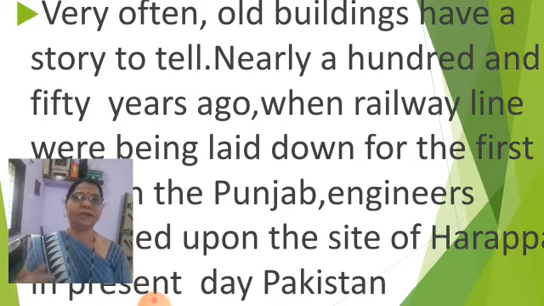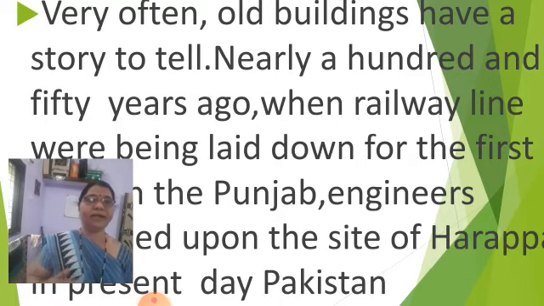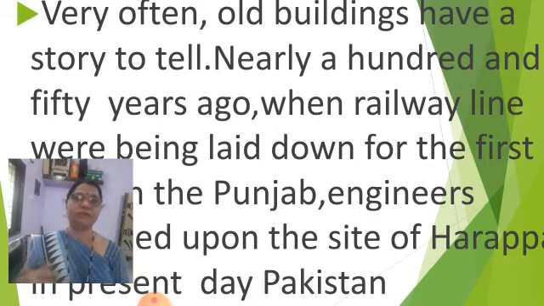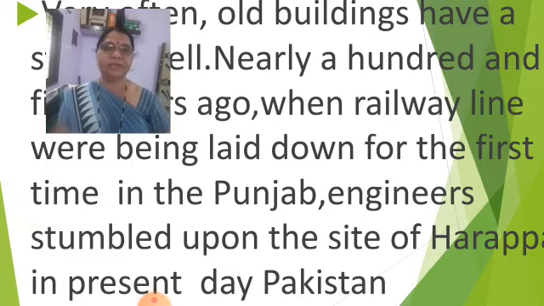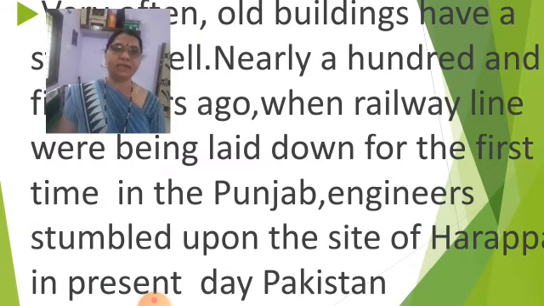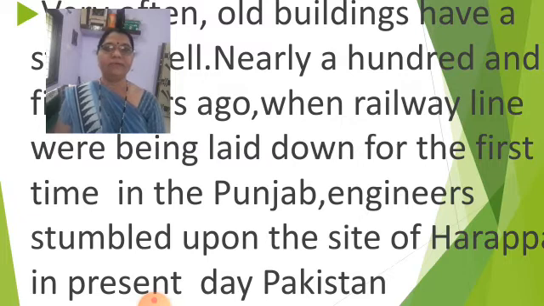Nearly 150 years ago. 150 years ago means what? Whenever the British rule was there, at that time the railway was not in our country. So the British first of all made the railway. When the railway lines were being laid down for the first time in the Punjab, engineers stumbled upon the site of Harappa. And where is Harappa?